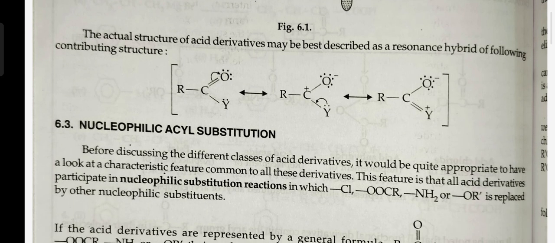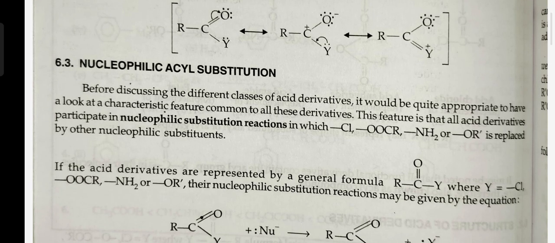Nucleophilic acyl substitution. Before discussing the different classes of acid derivatives, it would be quite appropriate to have a look at a characteristic feature common to all these derivatives. This feature is that all acid derivatives participate in nucleophilic substitution reactions in which Cl, OCOR, NH2, OR' is replaced by other nucleophilic substituents.